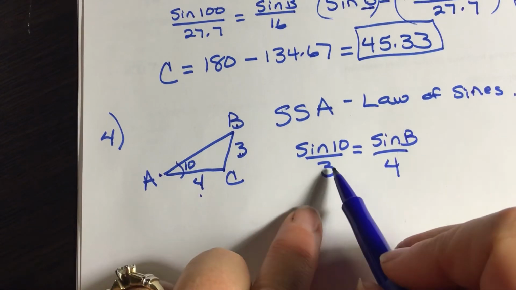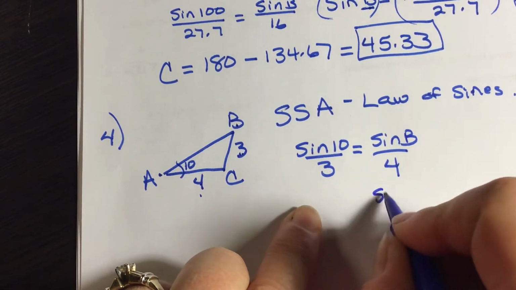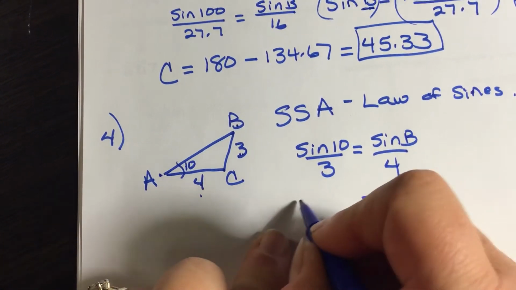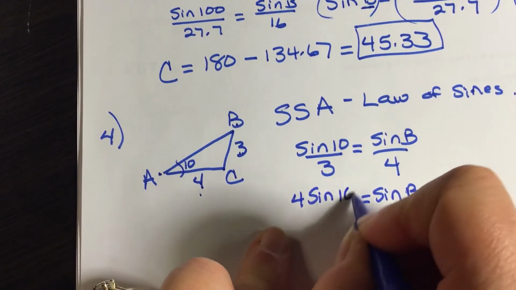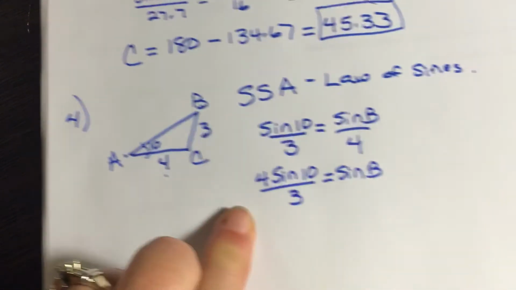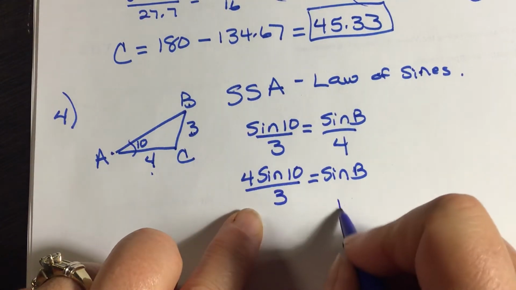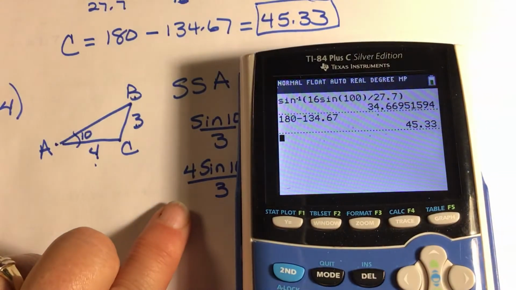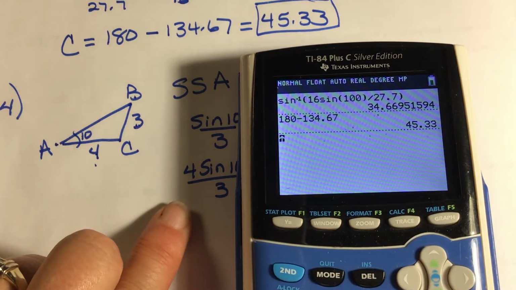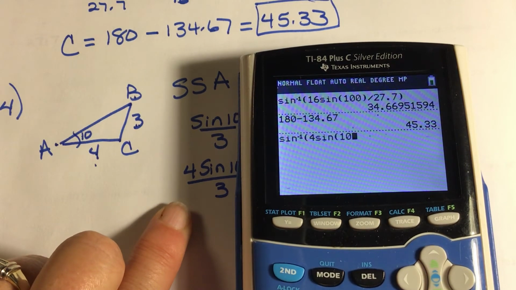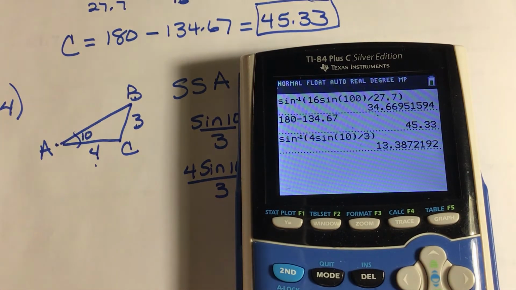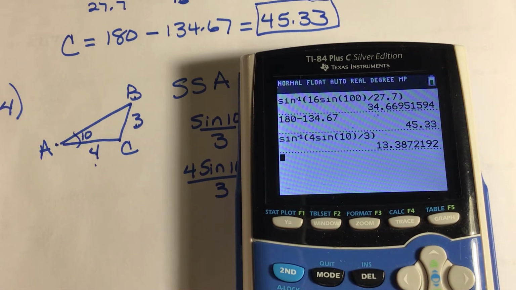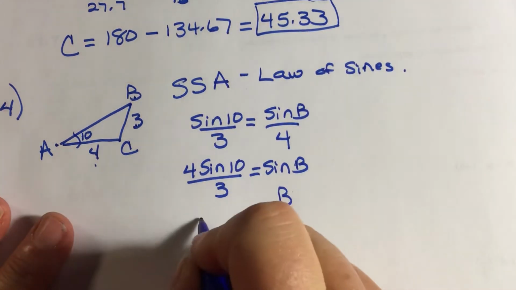So sine of B is going to be 4 sine 10 over 3. And I need to do the inverse sine. So B is going to be inverse sine of 4 sine 10 divided by 3. And that would be 13.39.